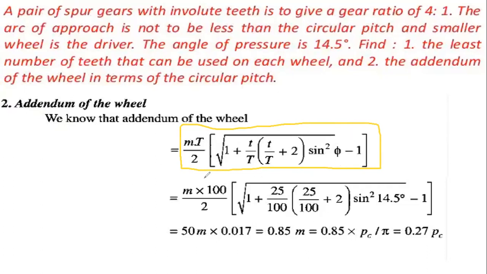So by substituting all these values, that is m into 100 by 2 into the root of 1 plus 25 by 100 into 25 by 100 plus 2, where 25 is the value for the smaller gear teeth and 100 is the value for the larger gear teeth, in total into sin square 14.5 degrees minus 1.